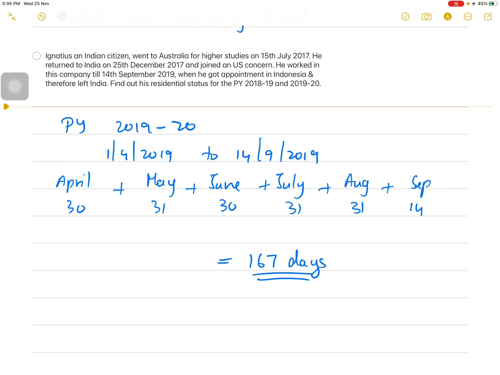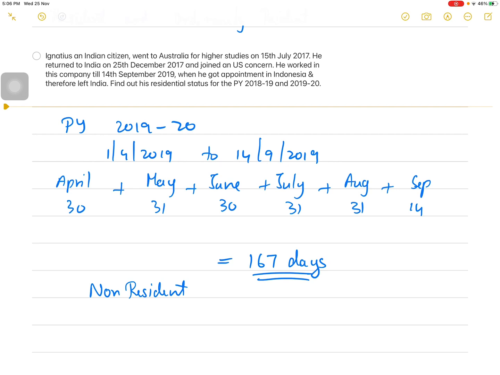So during the previous year 2019-20 his stay in India is 167 days. He does not satisfy the first basic condition, so he is non-resident, as he left India for employment purpose.